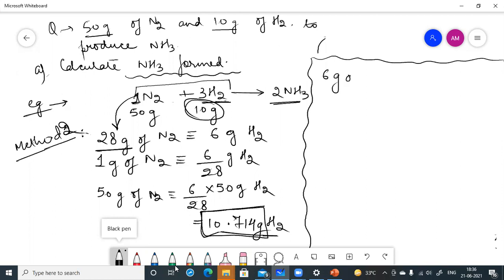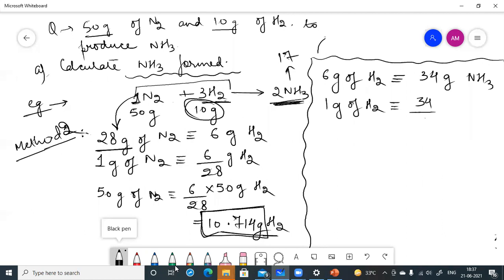6 grams of hydrogen can produce 34 grams of ammonia, because molar mass of ammonia is 17. So यहाँ पर 2 moles है ammonia के, so you will be writing it 34 grams of ammonia. Can we write it like this? Any problem if we write it like this? No, sir. So 1 gram of hydrogen will form 34 by 6 grams of ammonia.